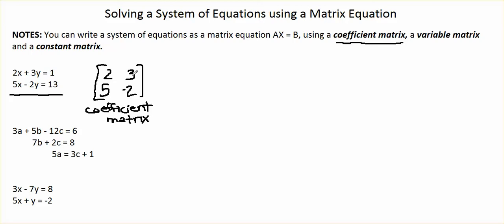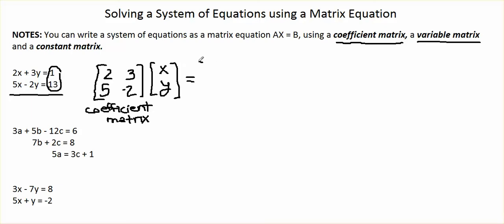And we're going to multiply that coefficient matrix by a variable matrix. And in this case, our variables are named X and Y. So we'll create our variable matrix and put X and Y in here. And then we're going to set it equal to our constant matrix, and our constants are these numbers.